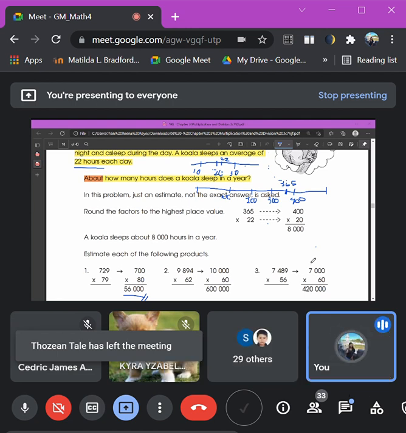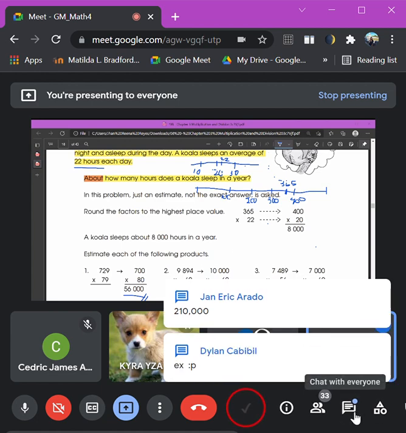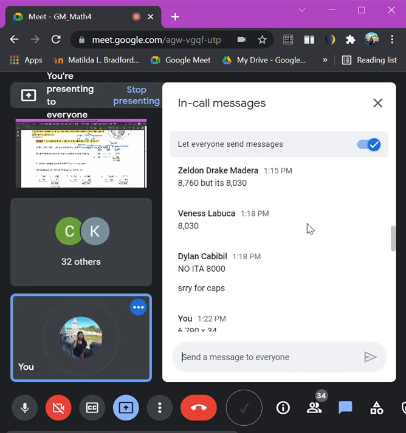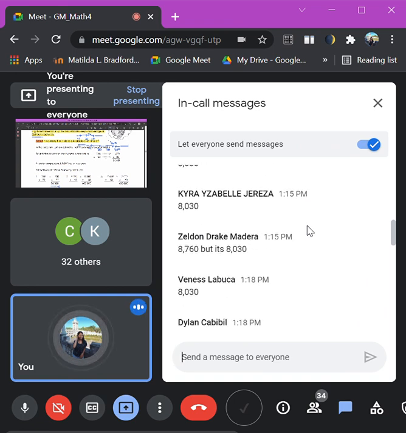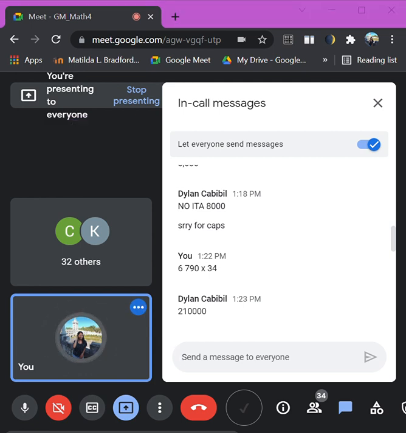Okay, so we have there, di ba, atong given kay, nababuan na siya. So we have here, ako lang siya isuwat diri class ha, makita raman ninyo. We have here 6,790.